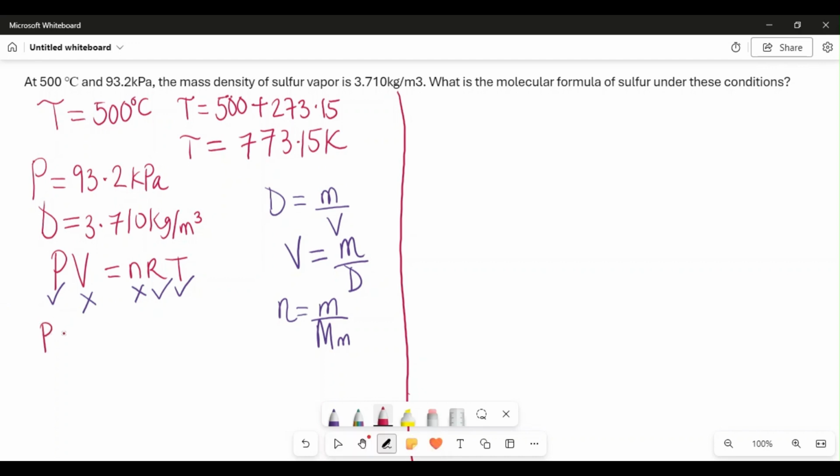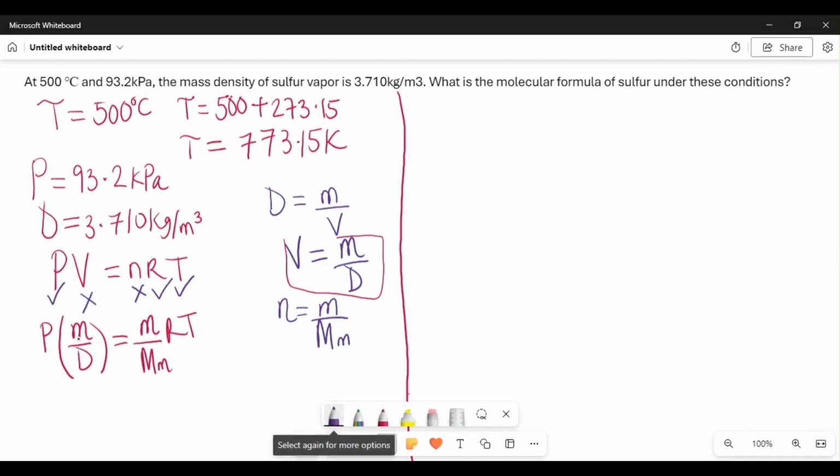So we have P times V in terms of mass and density, so that would be M divided by D, equals number of moles in terms of mass and molar mass, that will be mass divided by molar mass, and then we have R, and then we have T. So we cancel out mass, we cancel out mass. What we end up with is P divided by D equals RT divided by molar mass, or MM.